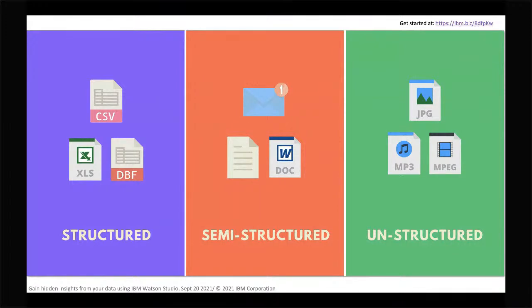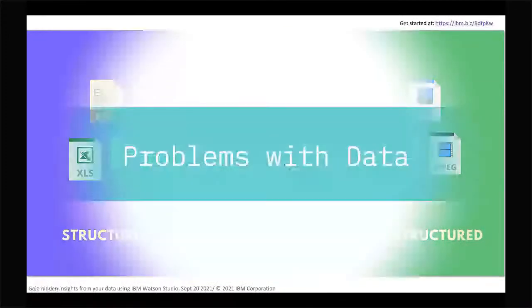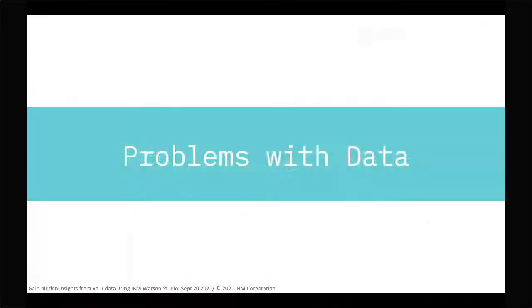However, if it requires a little bit of processing, something like a Word file, we would classify that as semi-structured. However, if it's in something like MP3 or JPG format, which requires a lot of processing, then that would be unstructured data. So this was basically the different kinds of formats in which you can have data.